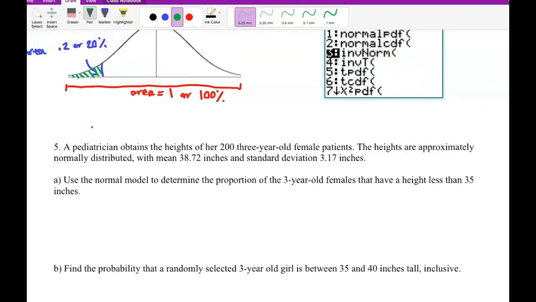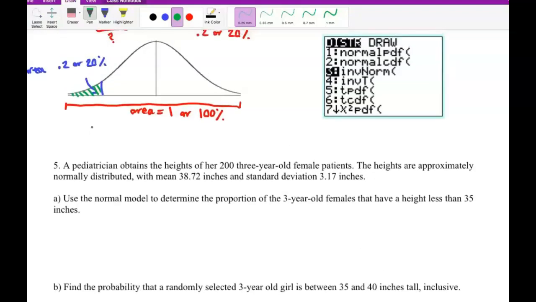Okay, so we need to find z-score. To find z-score using calculator, instead of normal CDF, we should use inverse norm. So for this part we need to enter area. Then here is mean and standard deviation.